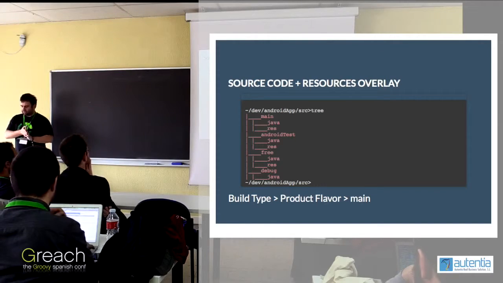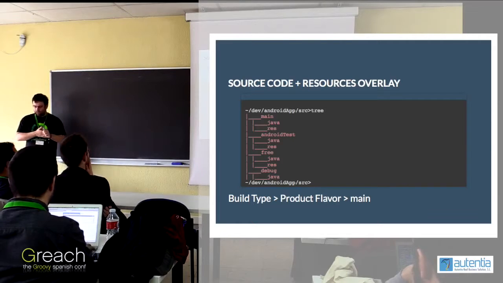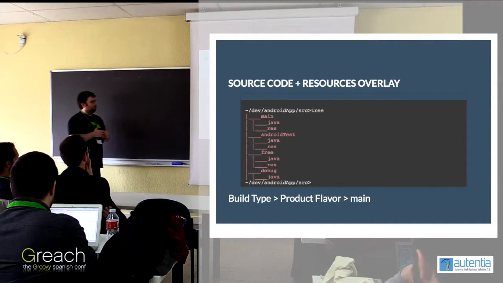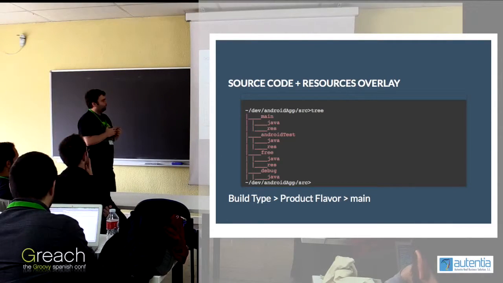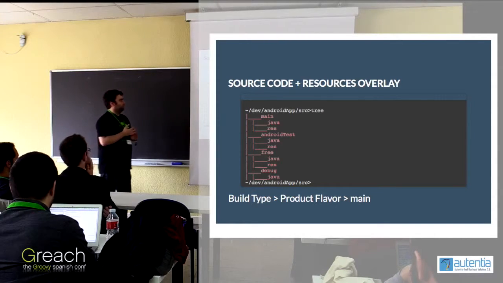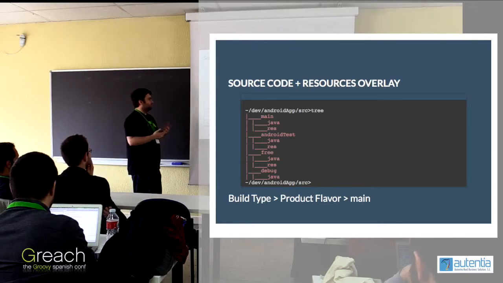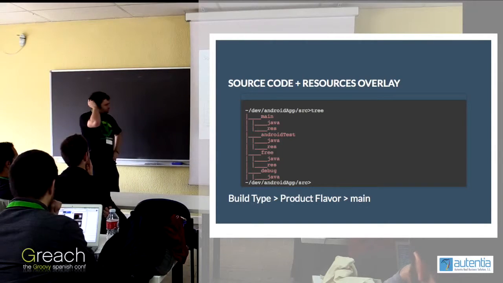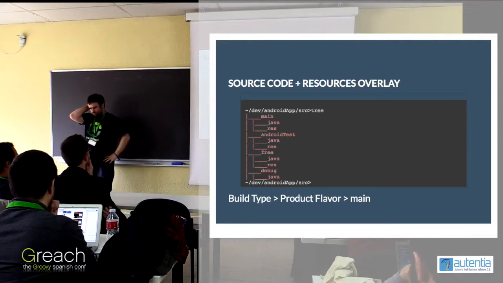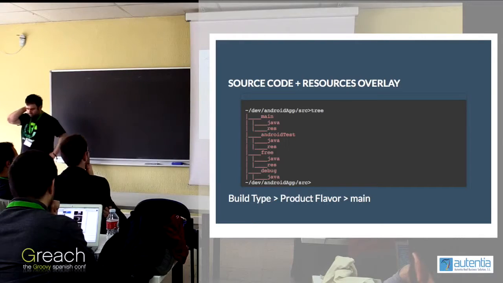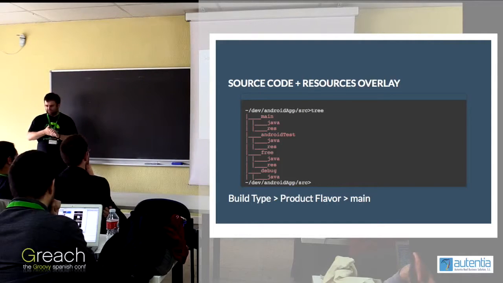One more slide about source code and resources overlay. So that's a default structure for an Android app. Most of your production code goes into main Java. That's quite common. Most of your test code goes into Android test. There's an addition to that: in the latest 1.1 release of the Android build tools, they added support for unit testing, but it's completely experimental.